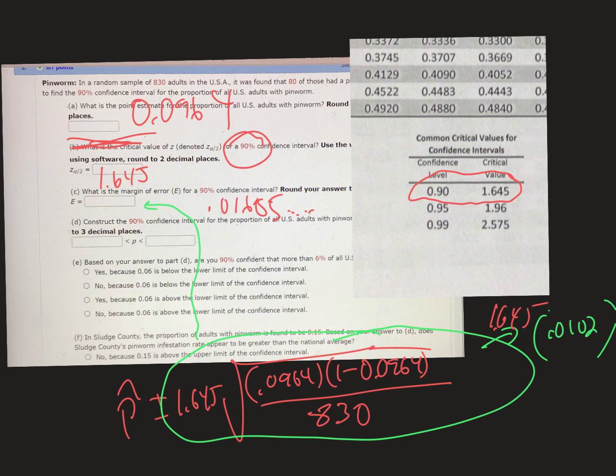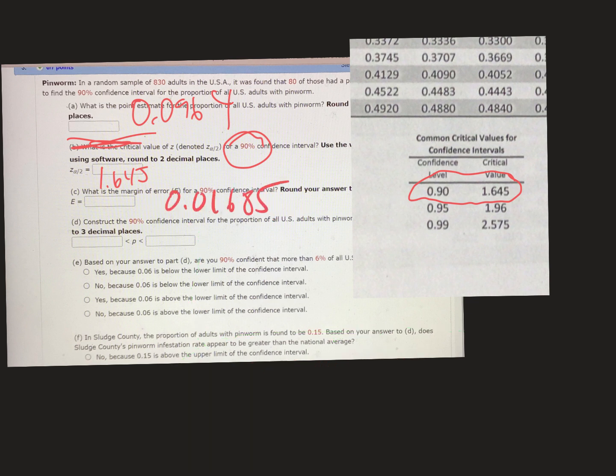Okay, so to get the confidence interval, we'll do the p hat, 0.0964, plus or minus our margin of error, 0.01685. To get the lower bound, we'll do this number minus that, and that'll go here.